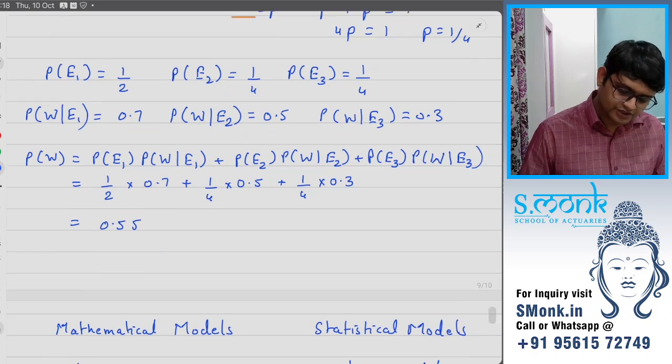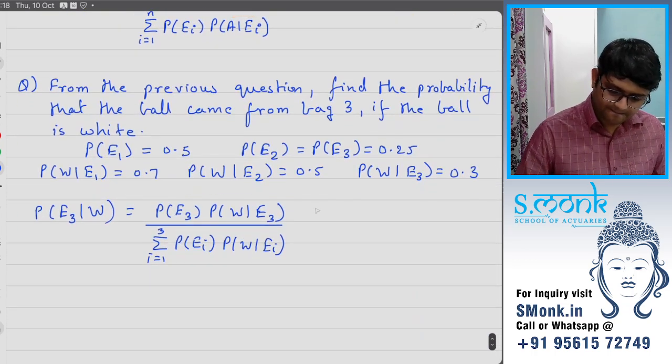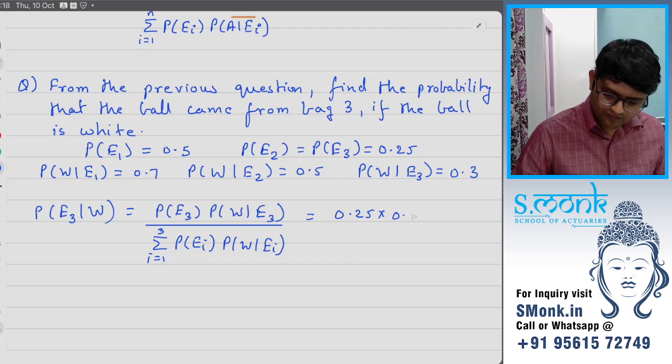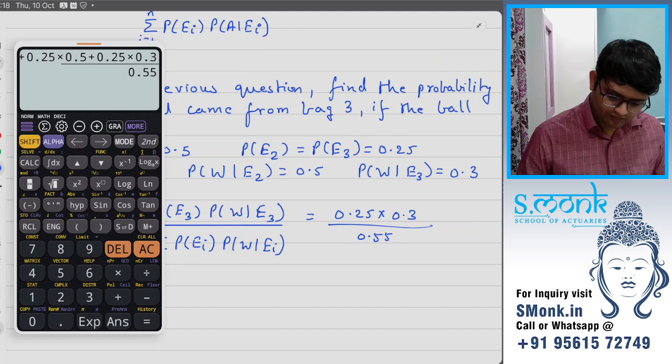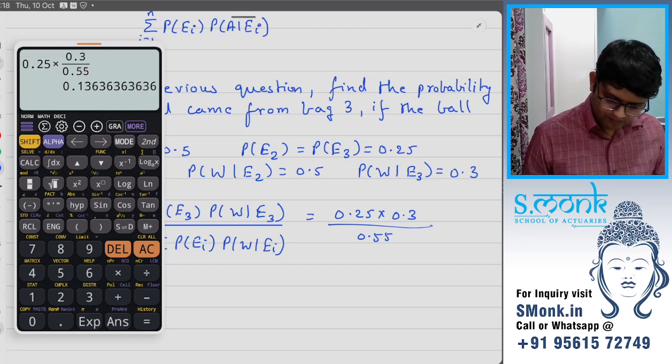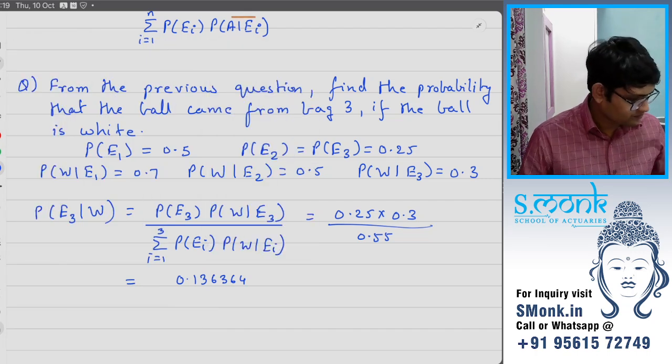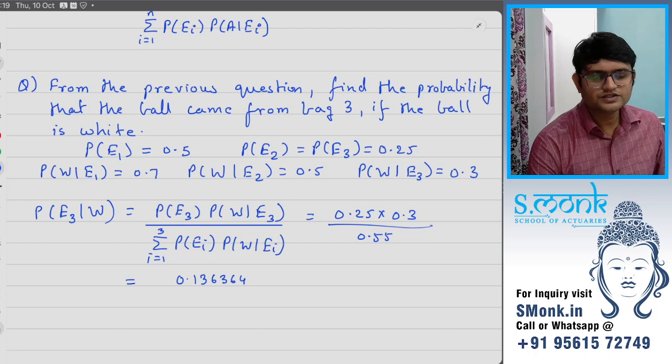So I'll directly use it from here. This is Bayes' theorem.